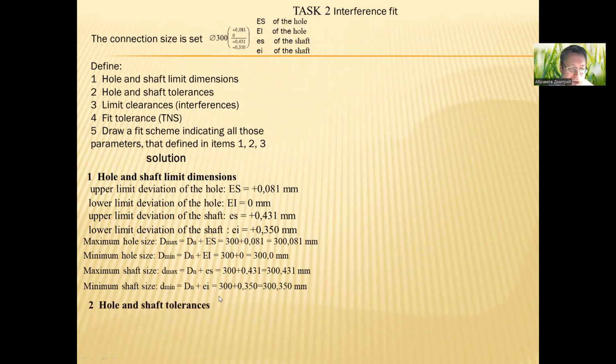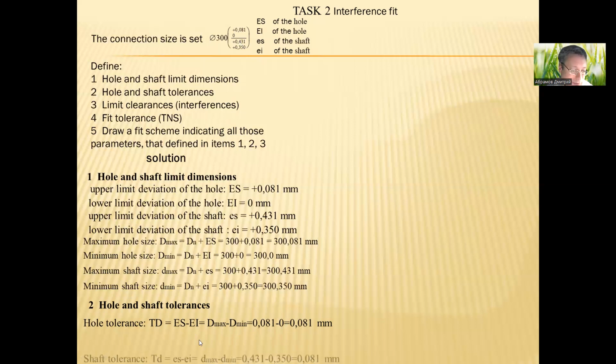Hole and shaft tolerances. We use the formula for the hole tolerance. Big TD is equal to the upper limit deviation of the hole minus the lower limit deviation of the hole. And we have the upper limit deviation of the hole plus 0.081 minus 0, and we have 0.081 millimeters.